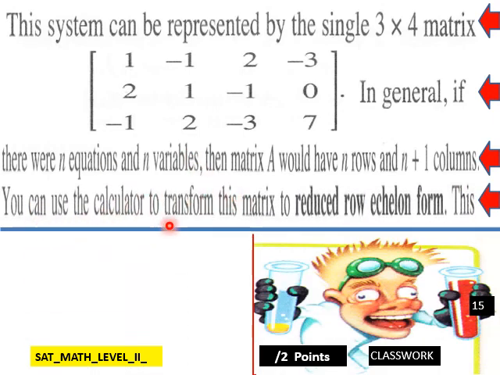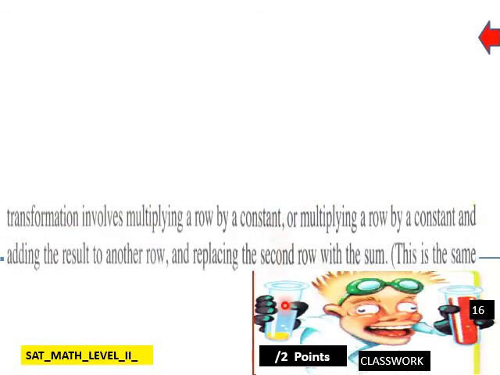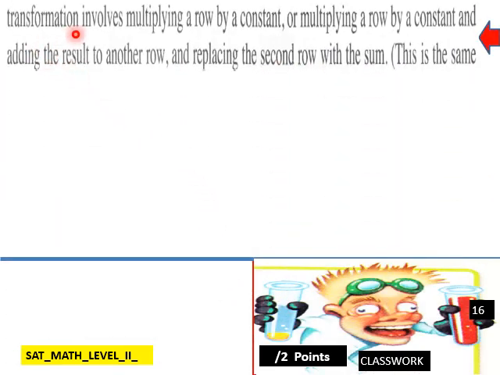You can use the calculator to transform this matrix to reduced row echelon form. Remember that, and again, if you're rusty on your matrix operations, I have packets for this. Contact me for those. This transformation involves multiplying a row by a constant, or multiplying a row by a constant and adding the result to another row and replacing the second row with the sum.